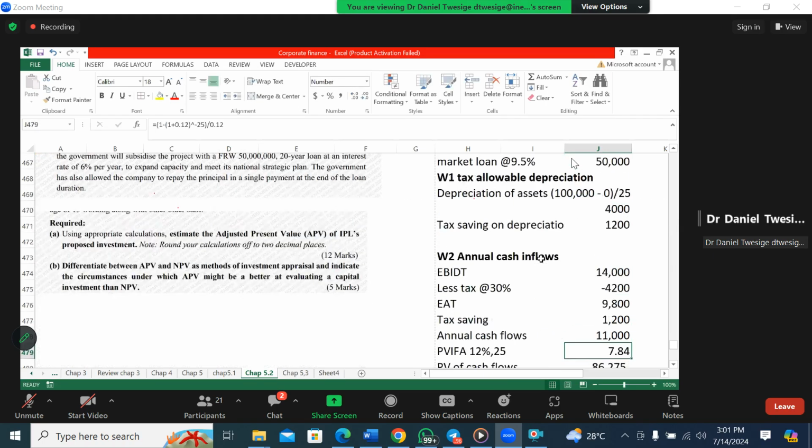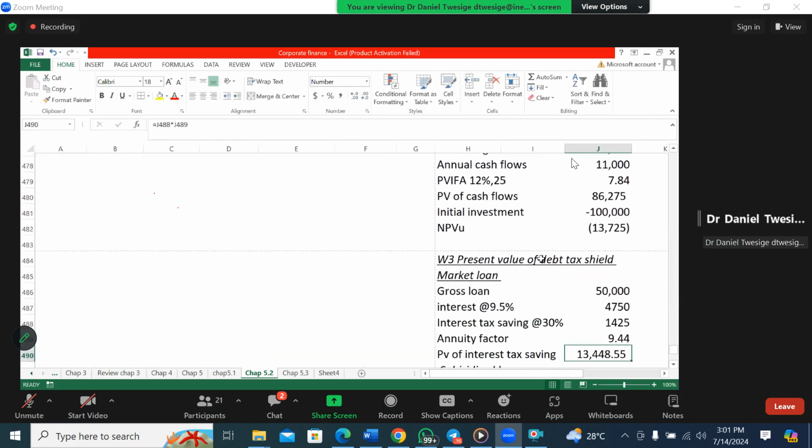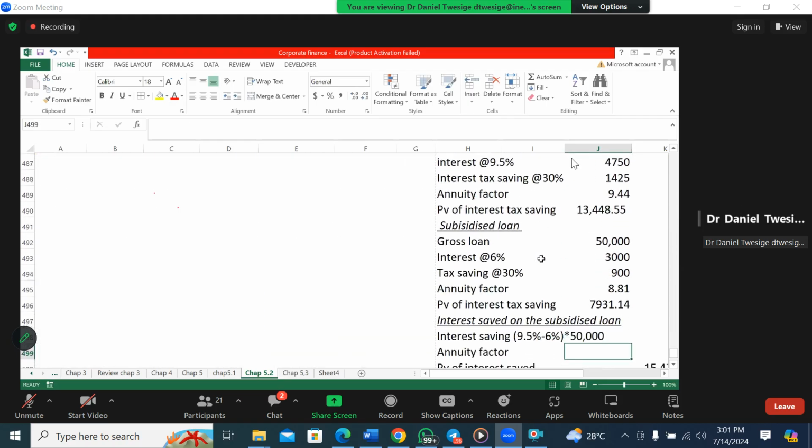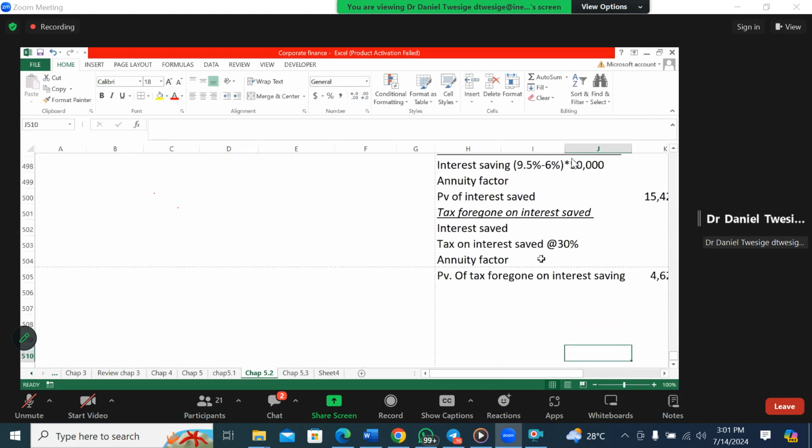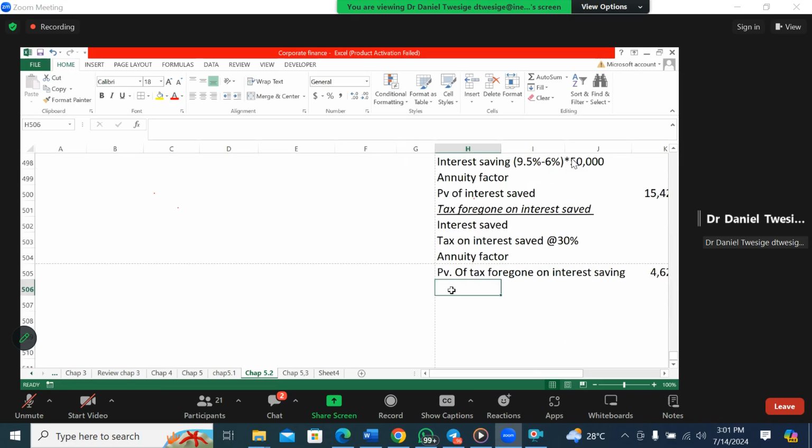So I think we can now get our NPV. I don't know if there's something I've left out. We can cross-check also and maybe modify that. So we are now getting our APV. We have NPVU, which we calculated as this.